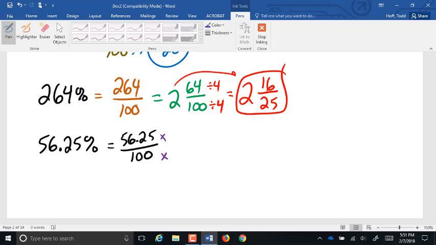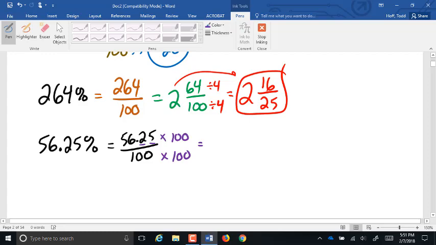Which one would we multiply by here? 100, perfect. We have 2 decimal places, so we'd multiply by 100. If it was only 1 decimal place, we'd multiply by 10. 3 decimal places, we'd multiply by 1,000. 2 decimal places, if we multiply by 100, it will move that decimal over. So 56.25 times 100 is 5,625. 100 times 100 is 10,000.